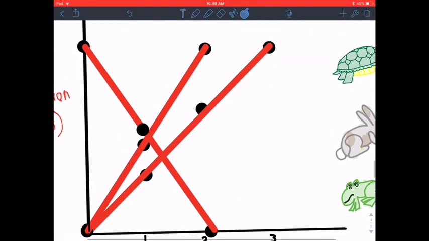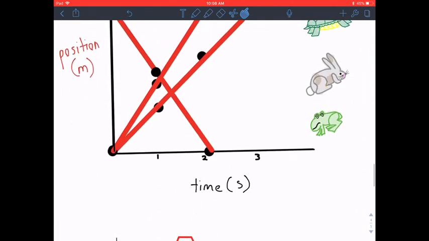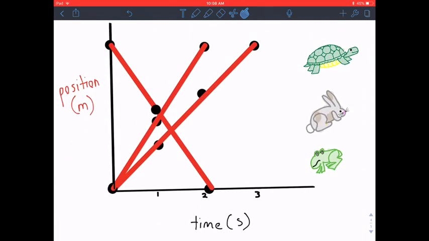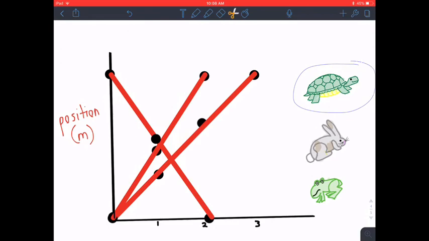All right, so let's do some comparisons. Actually, I just realized this is not exactly what we wanted to talk about. These are some position graphs. This is what we were talking about in the previous learning objective. So let's quickly match these position graphs to the different objects.